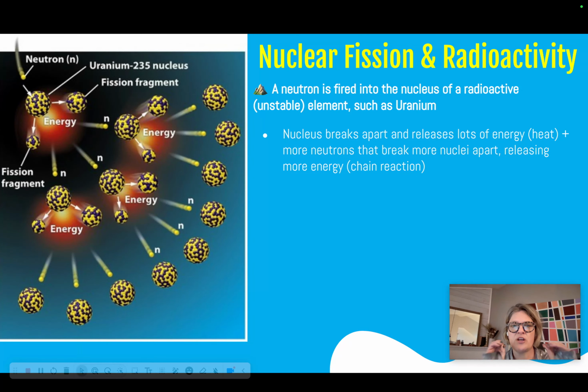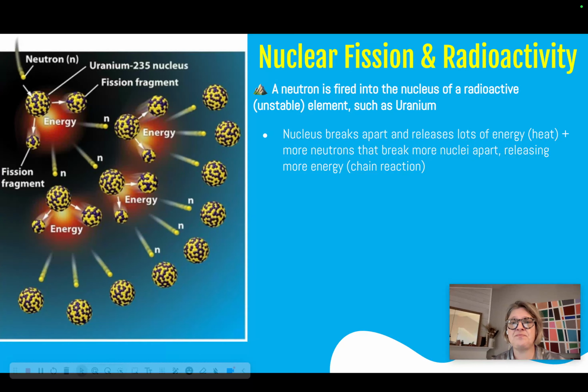So fission is where you break an atom apart. Basically, you break the nucleus apart, and fusion is where you join them. And nuclear fusion would create tons more energy from those radioactive elements than fission would. But fission is kind of all we've got right now.